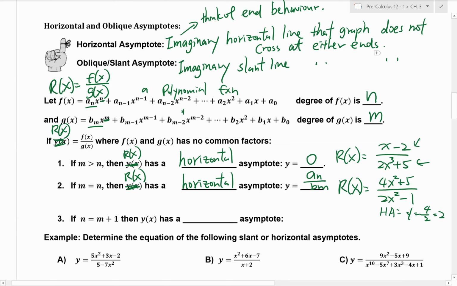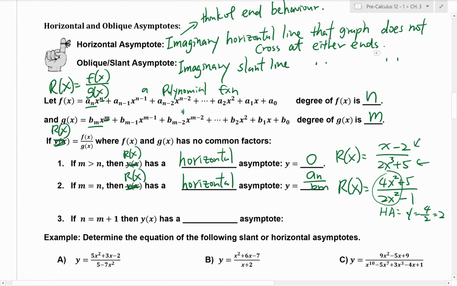So really we are just looking at 4 times a million squared divided by 2 times a million squared. And x squared and x squared just cancel out. That's why the horizontal asymptote is 4 divided by 2, right? Because the graph will go towards 2. The plus 5 and the minus 1 are so small, they're not significant anymore. Of course, it's not exactly 2, but it's going to get really close to 2.